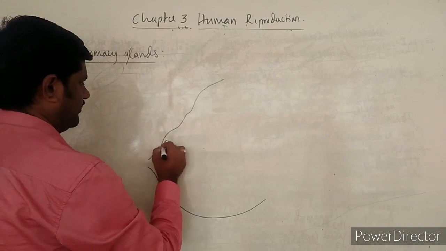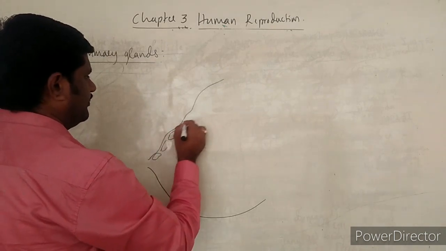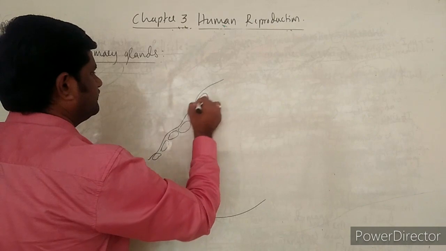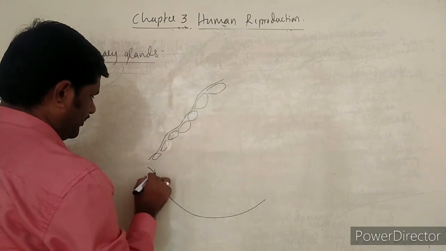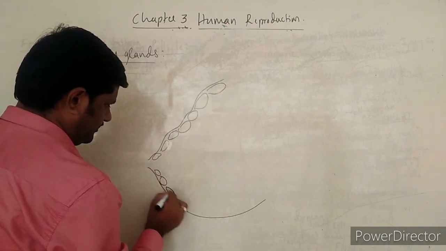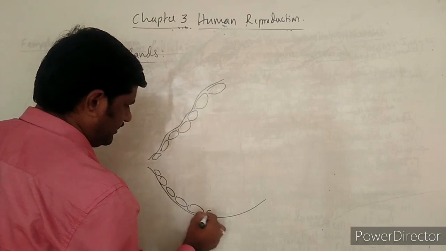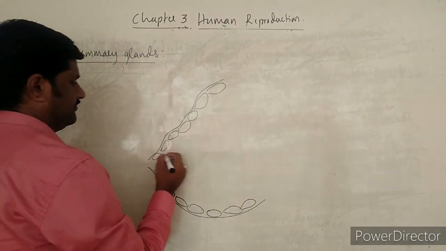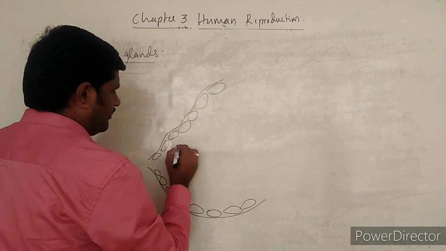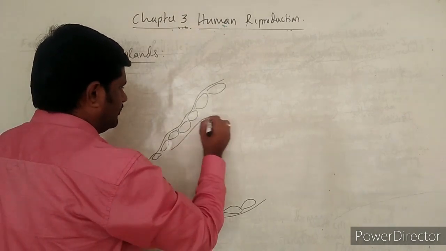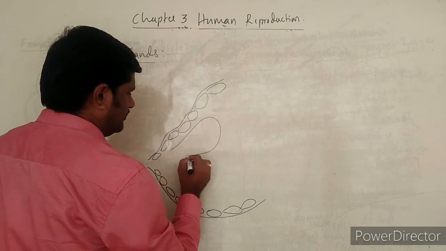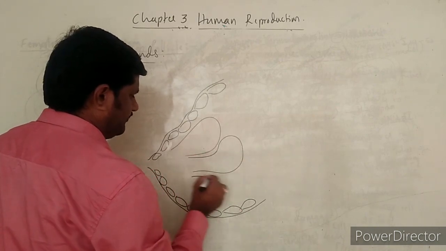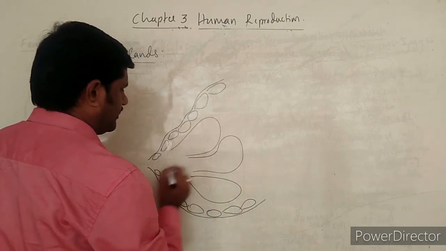Here the fatty material is deposited, and later I am going to explain what all those things are internally present. These are fatty materials, and there we come across some lobules.